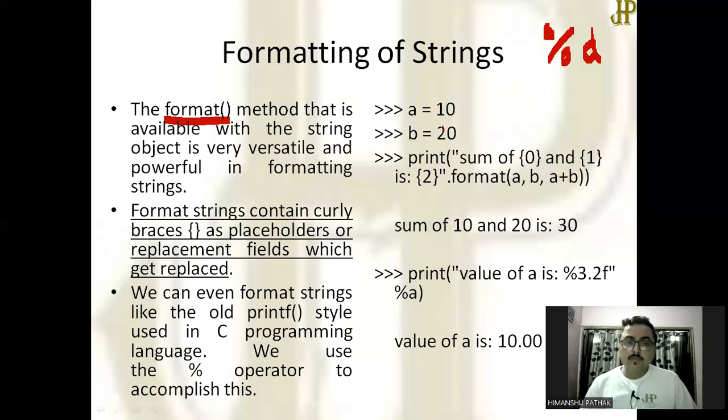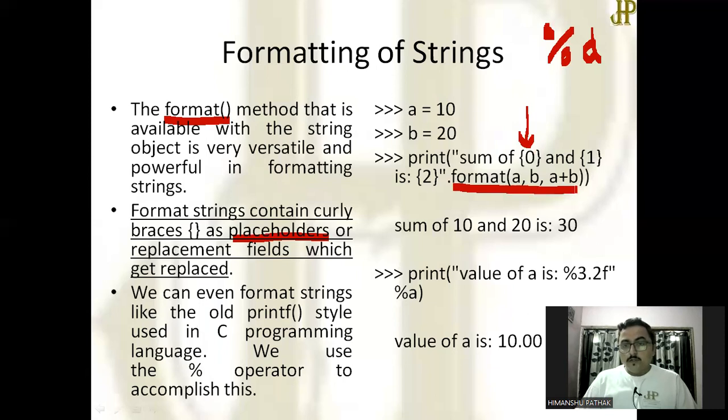It is possible with the help of the format method. Print 'sum of', curly braces open, curly braces close, and this is known as a placeholder. And the value will be taken by the format method.